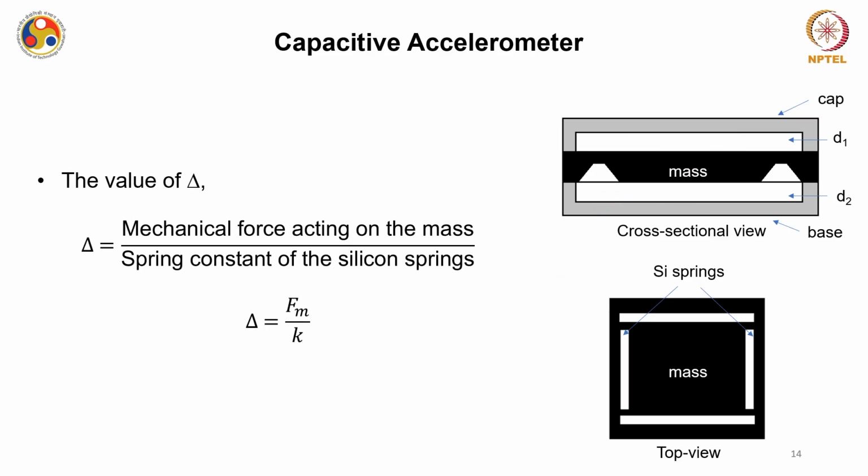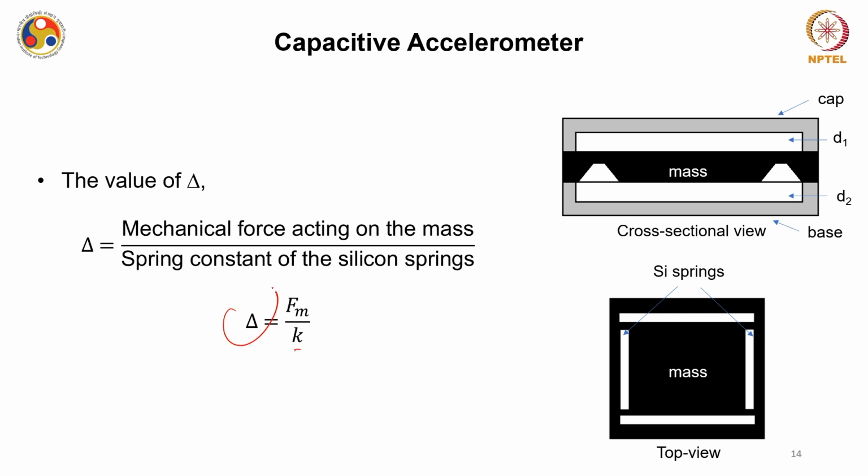Since this mass is supported by silicon springs, the value delta is equal to the mechanical force acting on the mass divided by the spring constant of the silicon springs.